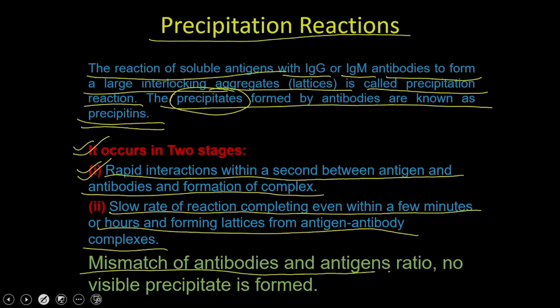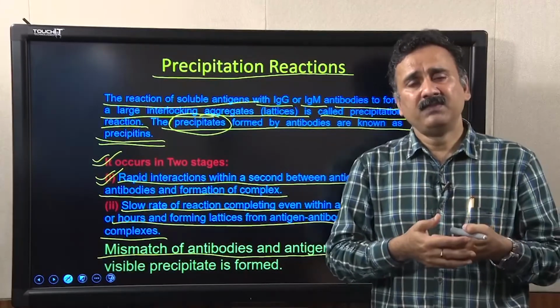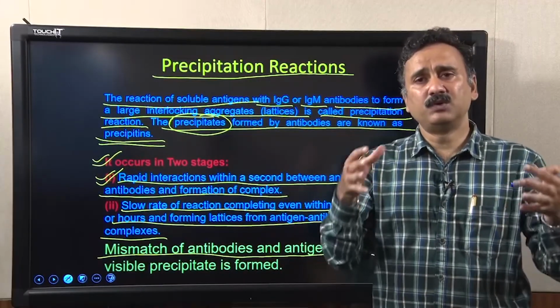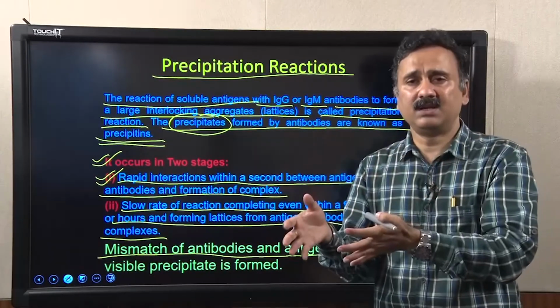Mismatch of the antibody and antigen ratio. What is very important for the antigen and antibodies to form the precipitate is that you provide an adequate amount of antigen as well as antibodies.